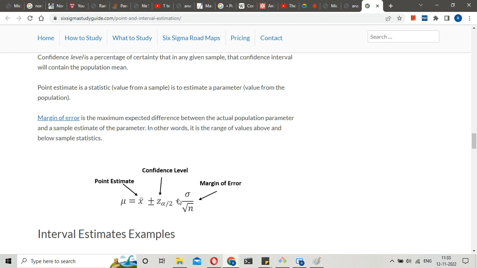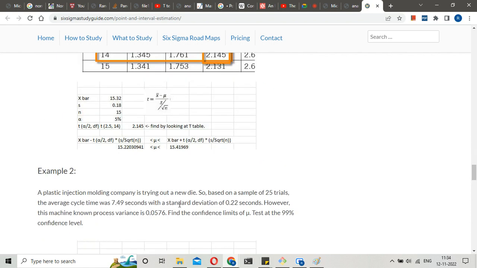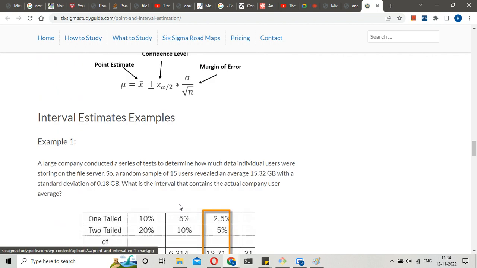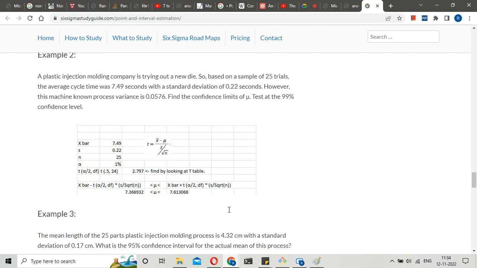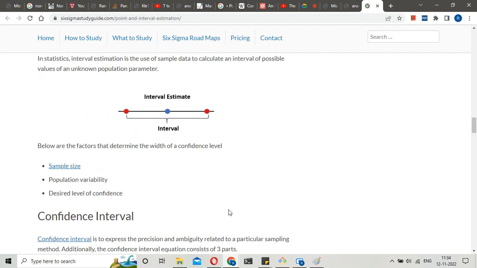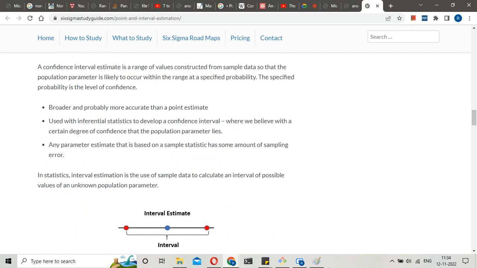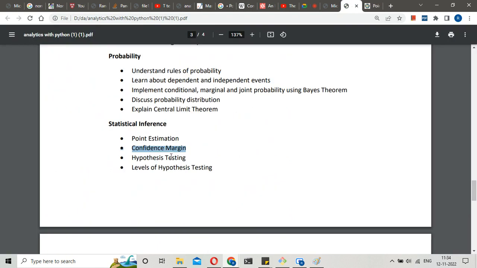You add it and subtract it, and based on that you say this is my interval estimate. I am sure that with 99% or 95% chance your average will be between these two values, x bar plus or minus something. This is how we define point and interval estimation, also known as the confidence margin. Yeah, so same thing is there.